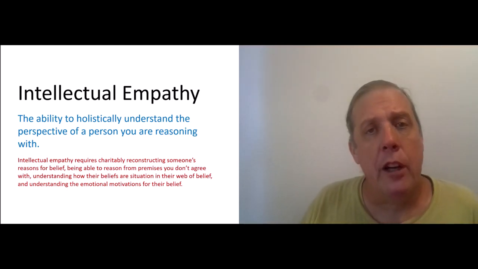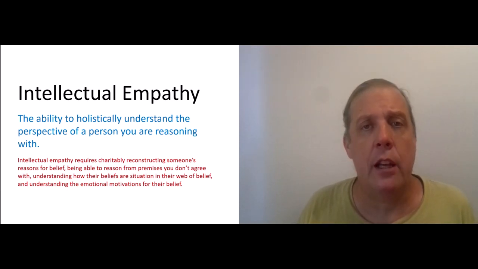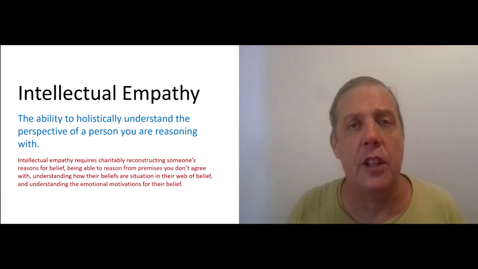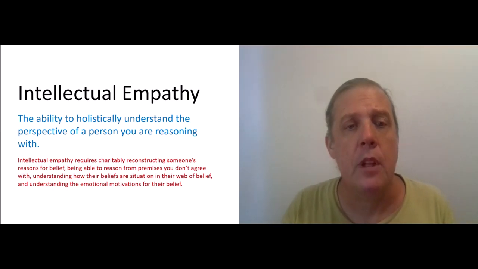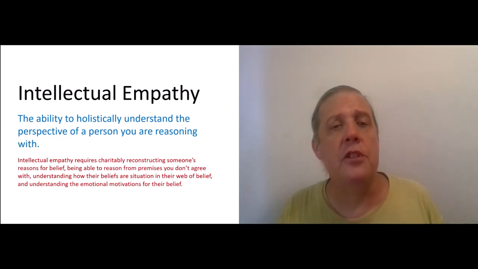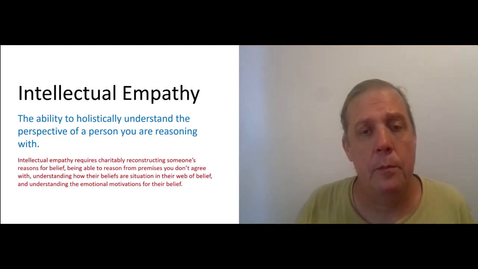So when you're talking with someone, you need to be thinking about how what they're saying is related to the things that they believe. Is this a core belief for them, or is it a superficial belief? And you also have to understand their emotional motivations for their belief, right?